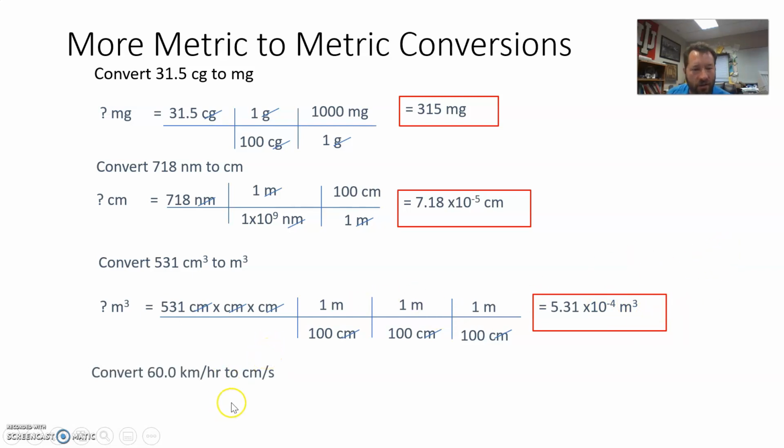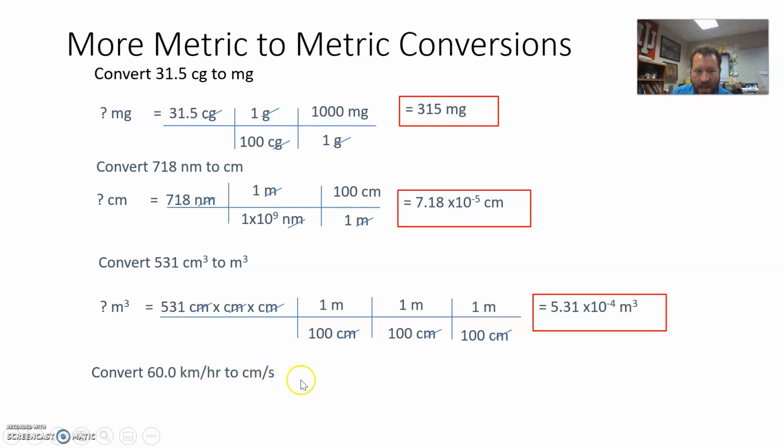All right, and our final little trick or suggestion here, 60 kilometers per hour to centimeters per second. A double unit, kilometers per hour and centimeters per second. So these are double units. We have to go from kilometers to centimeters and from hours to seconds. Here's my best suggestion, no slashes.